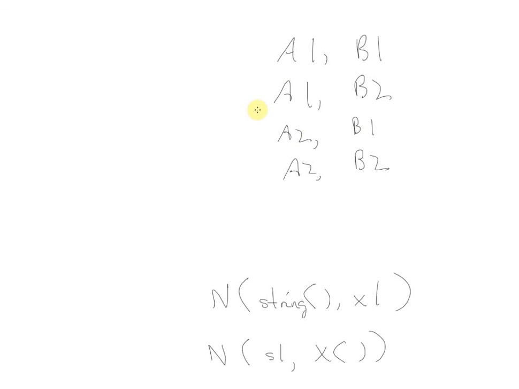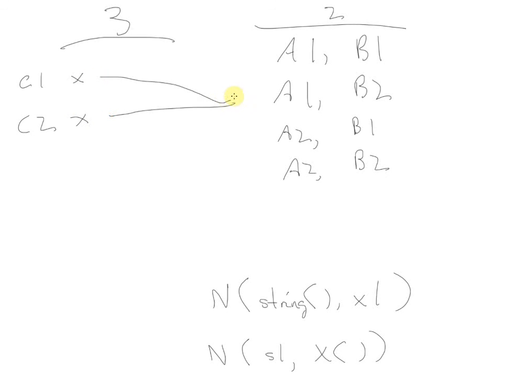And so, in essence, with 3 parameters, it's going to be C1, C2, times this guy. So for C1, you'd have to do all these permutations. For C2, do all these permutations. The total, 8. 2 to the n being the number of parameters.